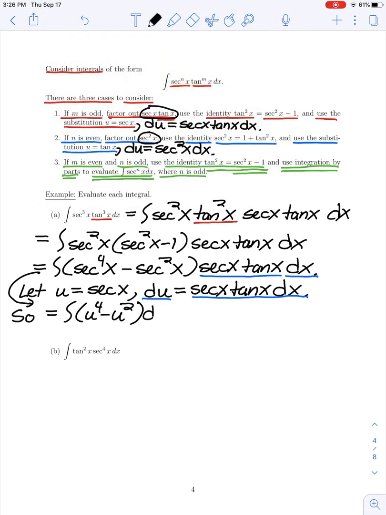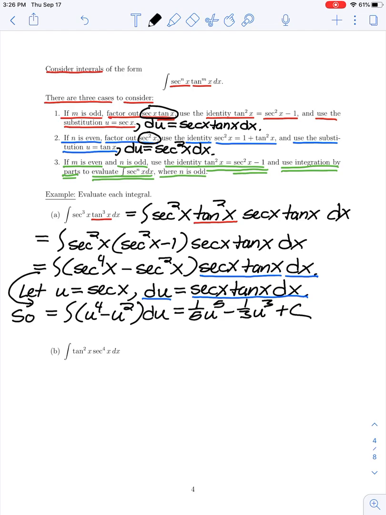So I'm just left with the du on the end. And now once I have this polynomial expression in terms of u, I know how to integrate it. I would have 1/5 u to the fifth minus 1/3 u cubed plus c.